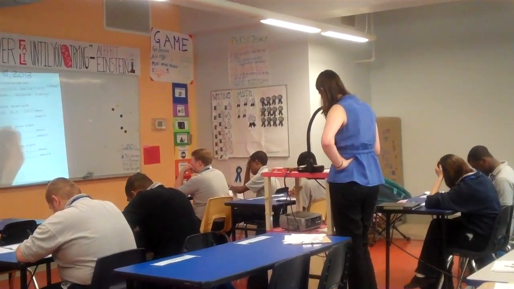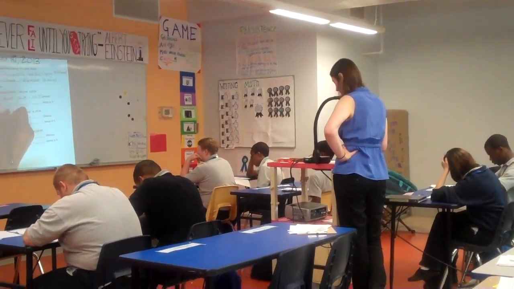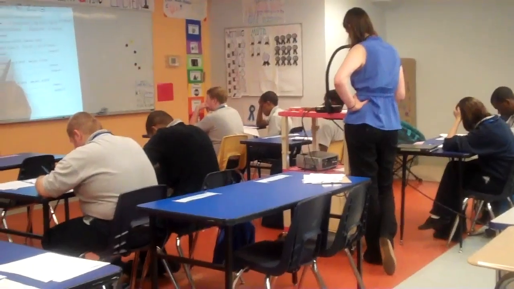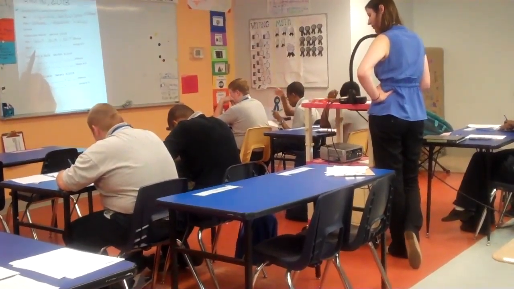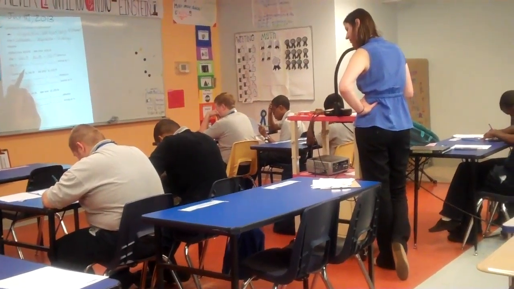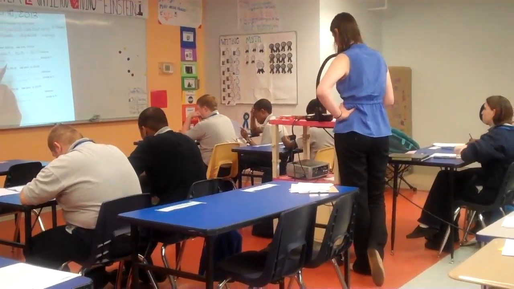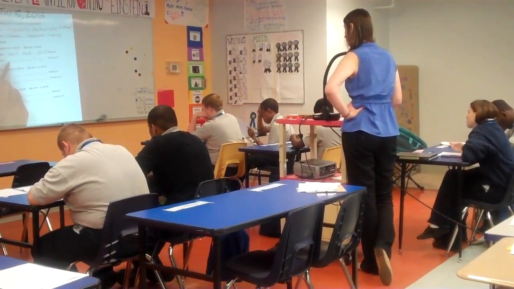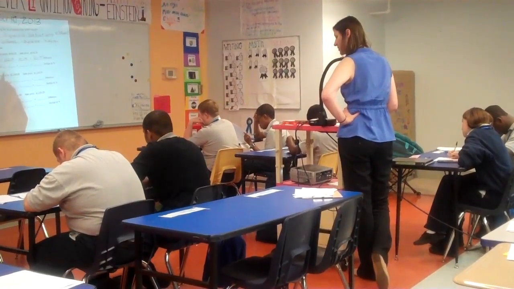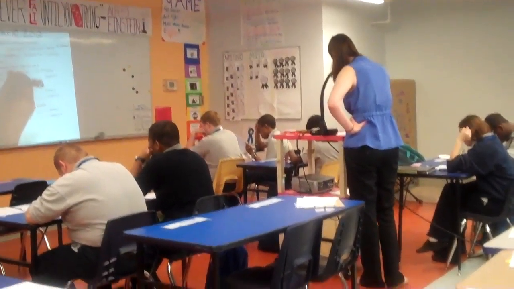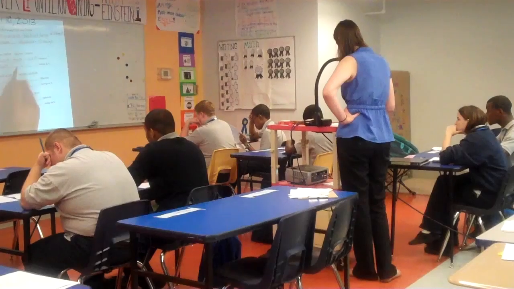Jaren, what am I going to do for step 2? What am I putting first? For step 2, 50. Very nice, $50. What am I dividing it by?